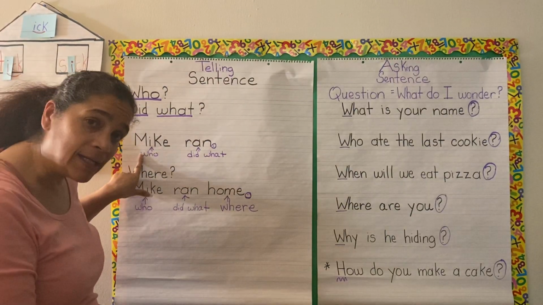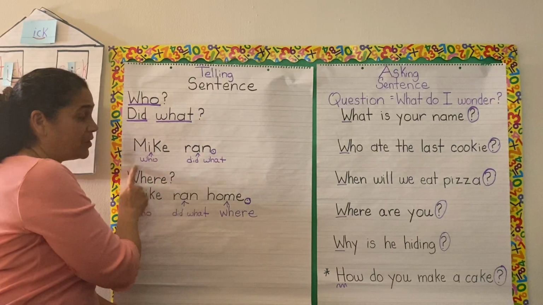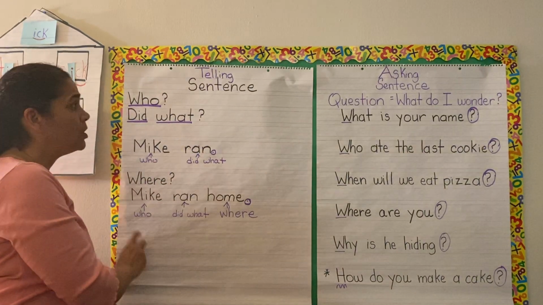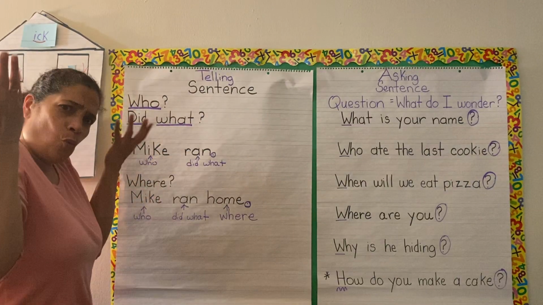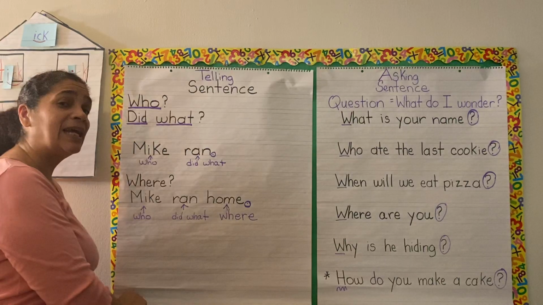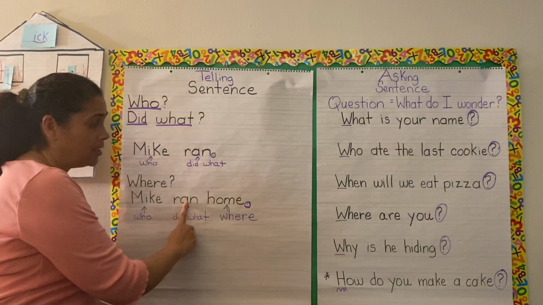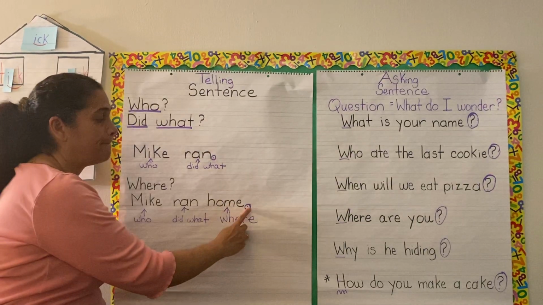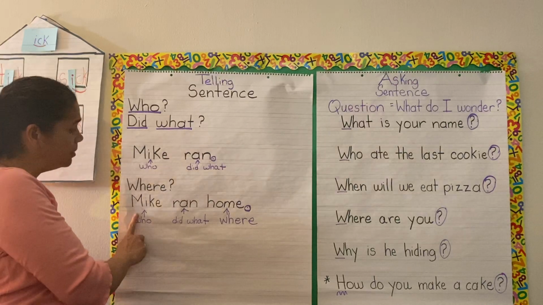We can add to what we're saying or what we're telling about by telling the reader where. So who did what? Where did that person do what they're doing? Let's look at the example. Mike ran home. Period. Who are we talking about?